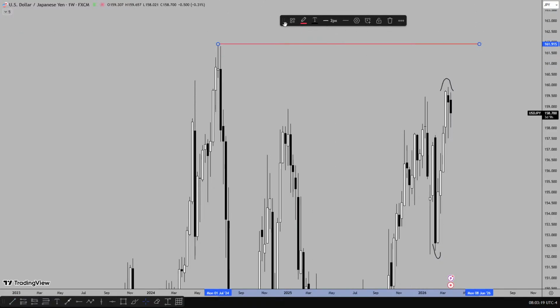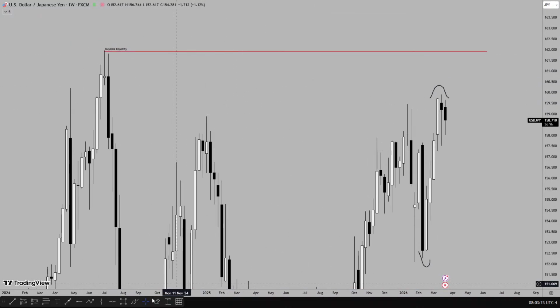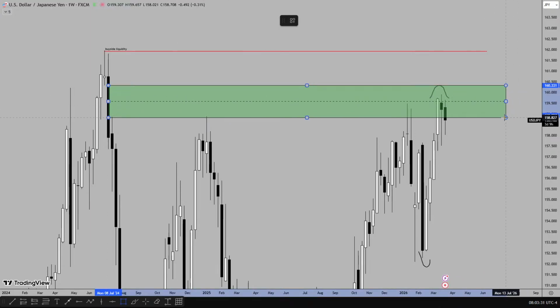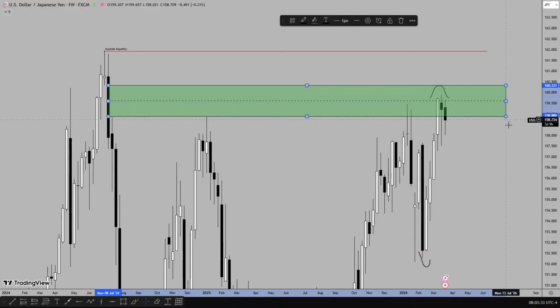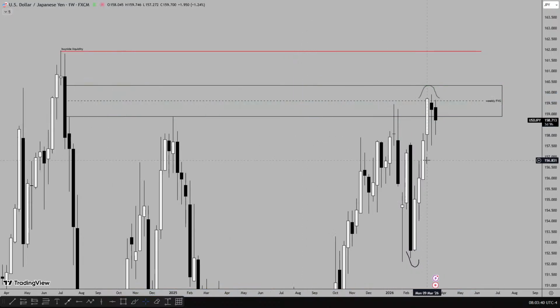Now, we do have a weekly fair value gap, which price might fill, which is this fair value gap. Price is above the mid-range of the weekly fair value gap and filling in the weekly fair value gap.